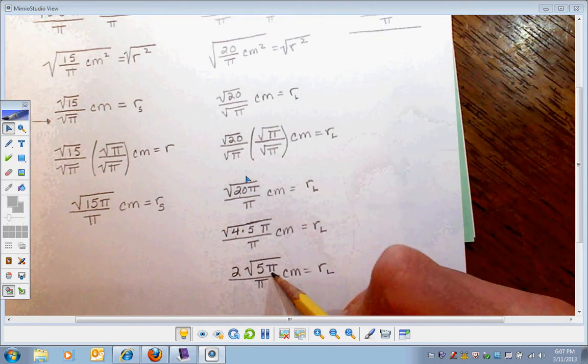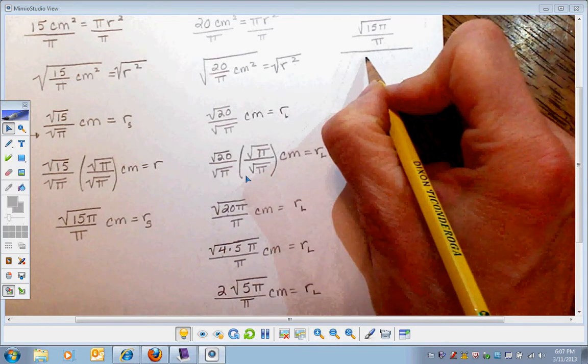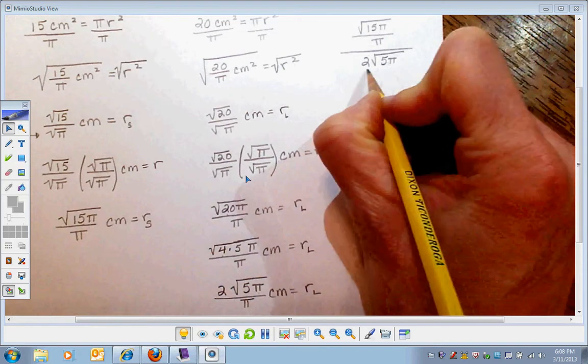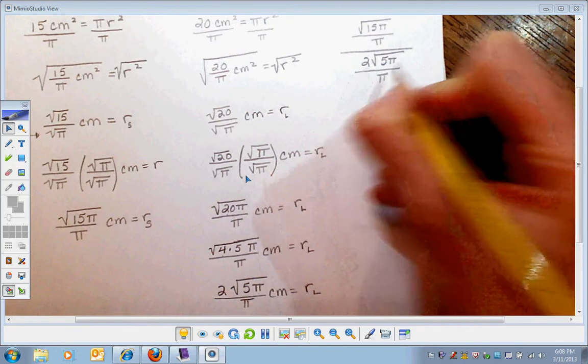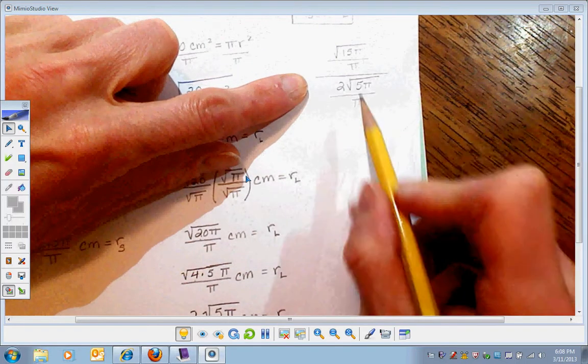So I'm going to put this in the denominator of my other fraction. 2 square root of 5 pi over pi. So now I have to clean this up.